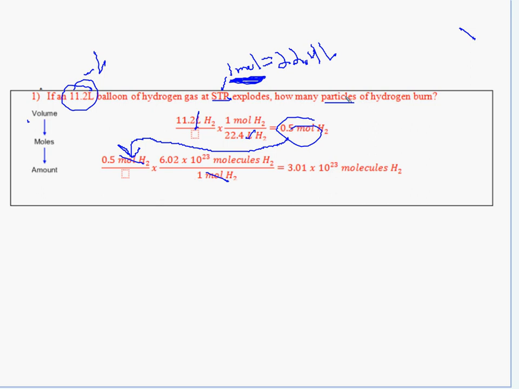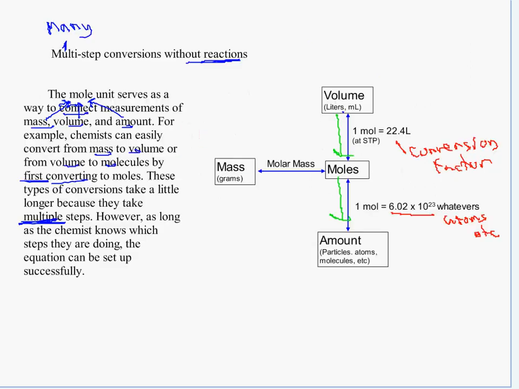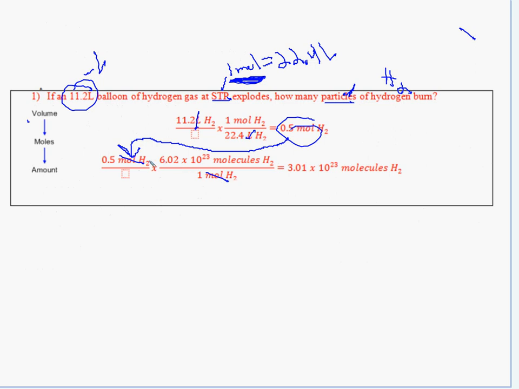We want to get to particles, but hydrogen is H2, so it's a molecule. 6.02 times 10 to the 23rd molecules, and half of that is 3.01 times 10 to the 23rd molecules. So that's a two-step conversion.